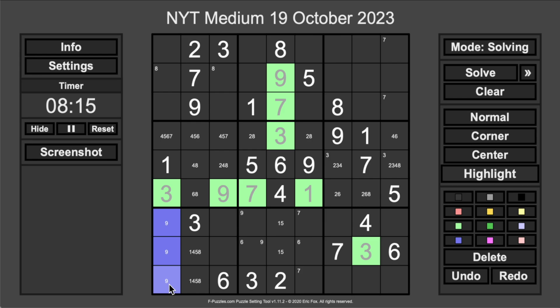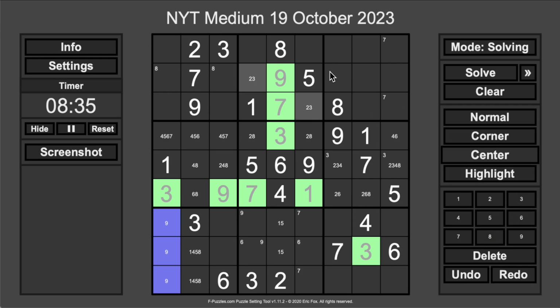But what that does allow me to do is fill out a great deal of box 2. Because I only need 2, 3, 4, and 6 in some order, and neither of these can be 2, 3. So 2, 3 are these two offset cells. 4, 6 goes across the top.